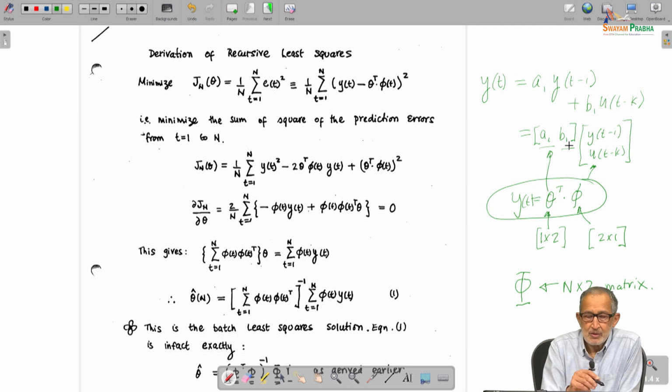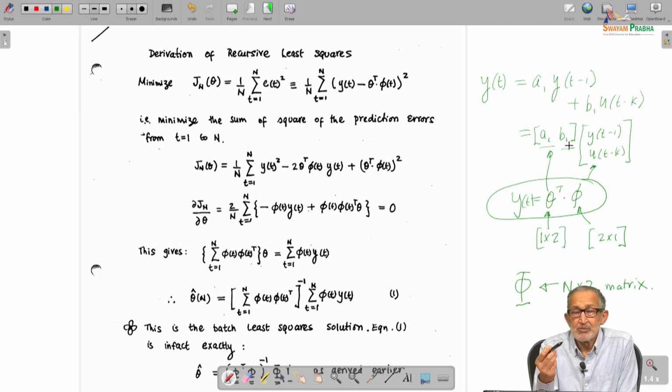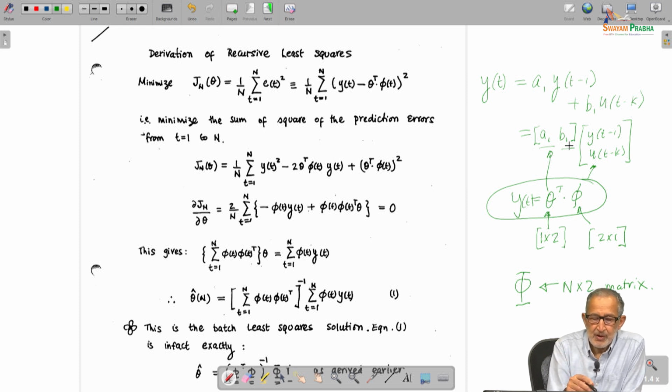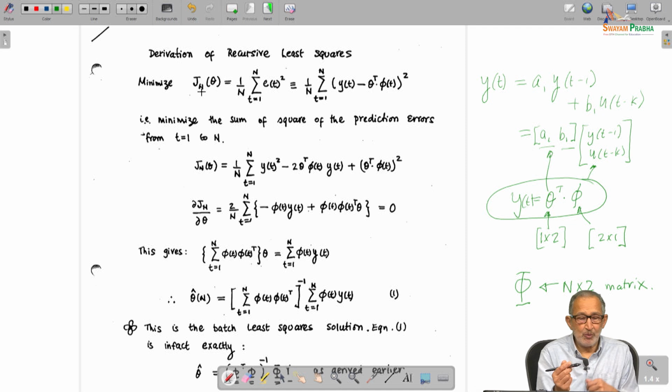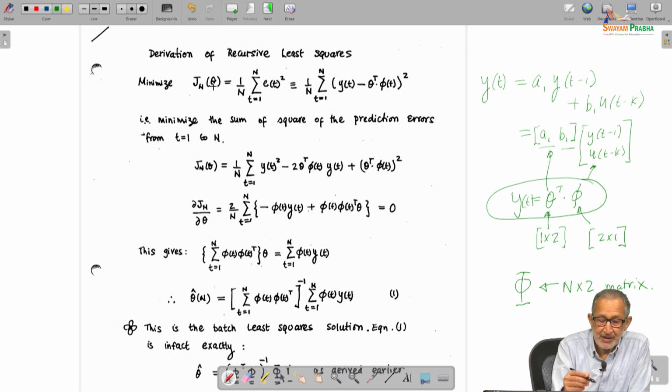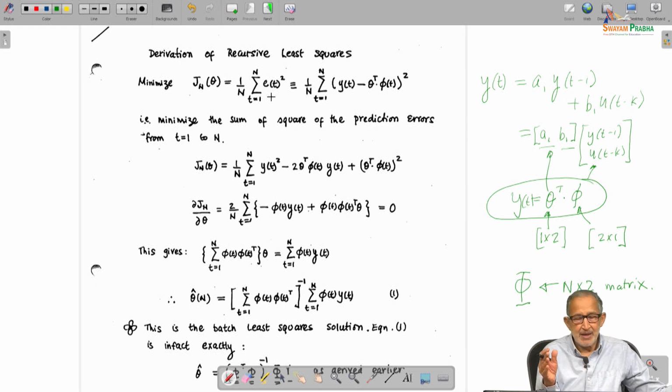So to do this, we form what is known as a loss function. We would like to describe the loss function J subscript n, corresponding to the number of observations. It is a function of theta, and J is equal to 1 divided by n, the summation of e t squared. This is the sum of the squares of the errors over the entire n length time interval.